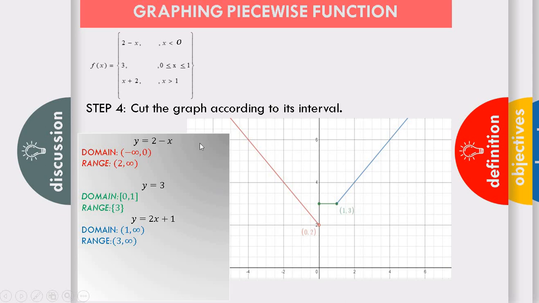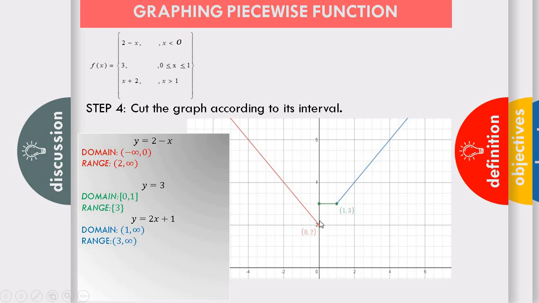Next, we will combine their graphs. Okay, so we can see in the domain, or the set of x values, from negative infinity to 0. Then we will go from 0 to 1, to positive infinity.